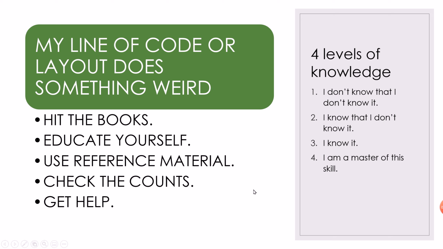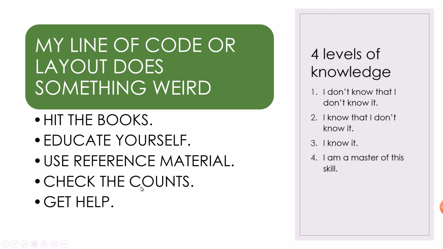Okay. Line of code is doing something weird. In these cases, hit the books. You're probably just not yet really up to speed on how this thing should work. No shame. I'm still at that same place myself. So educate yourself, use reference material, check the counts and the branching logic of your program. Are you getting to the place where you think you're getting to in your code?